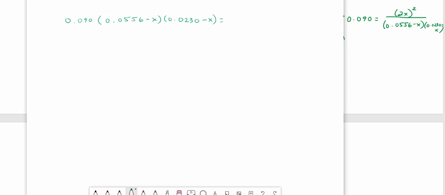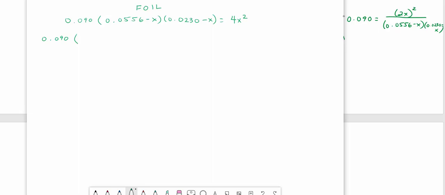And that will be equal to, and I'm going to square this. So 2x all squared is 4x squared. So now I'm going to expand my quadratic, and I'm going to use, again, the FOIL method. So I'm going to leave this 0.090 part out here.